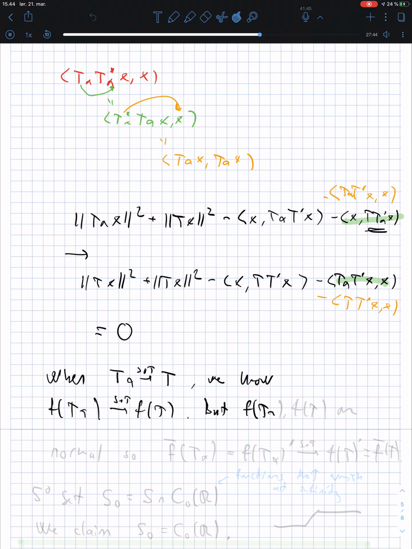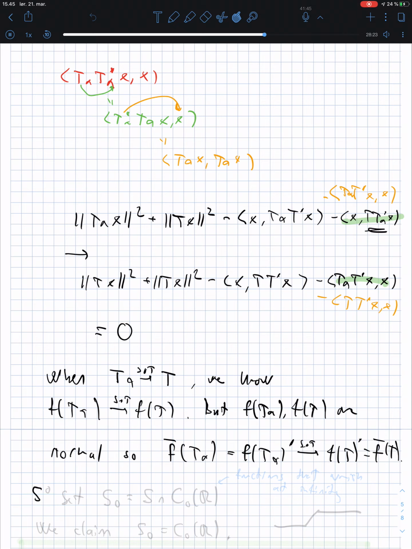But f of T alpha and f of T are normal. Why are they normal? Well, they came out of the functional calculus applied to some normal elements, actually self-adjoint elements, so I know that they're normal. So when I'm looking at f bar of T alpha, which is just f of T alpha star, this converges strongly to f of T star, which is f bar of T. So that takes care of my claim number 4.